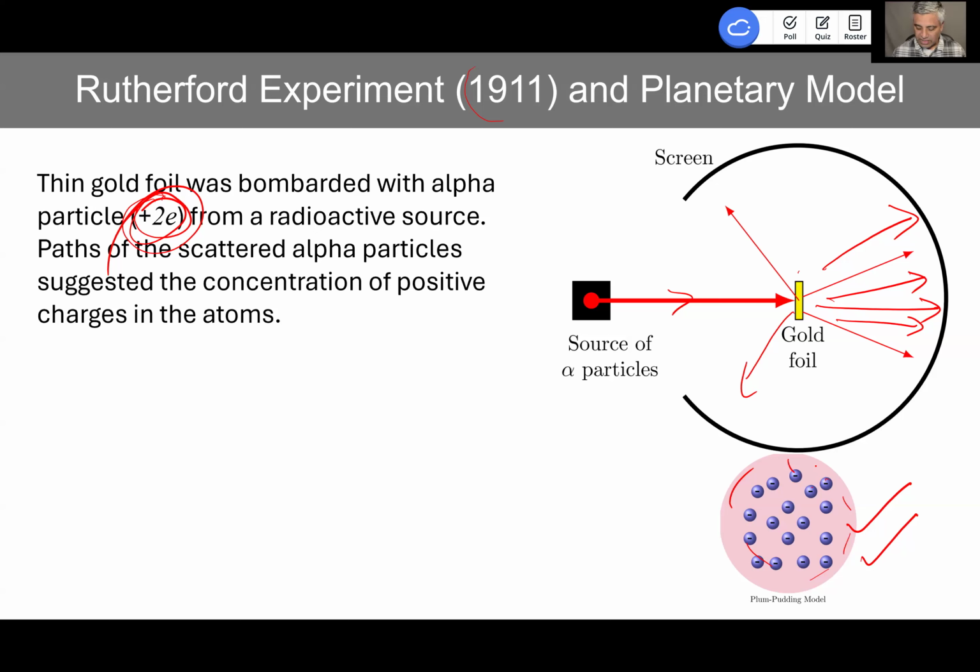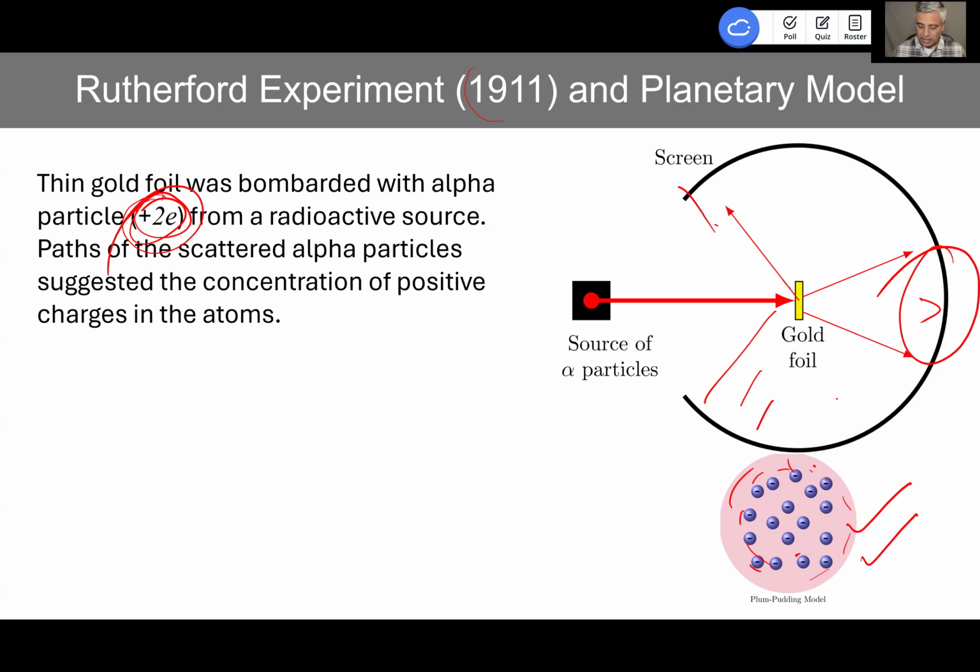If the positive charge was everywhere, then a lot of them should be scattering and coming back, because positive charge repels positive charge, right? But only a few of them are coming to this side of the screen, and most of them just go and make a big bright spot down there. So that was a dilemma.